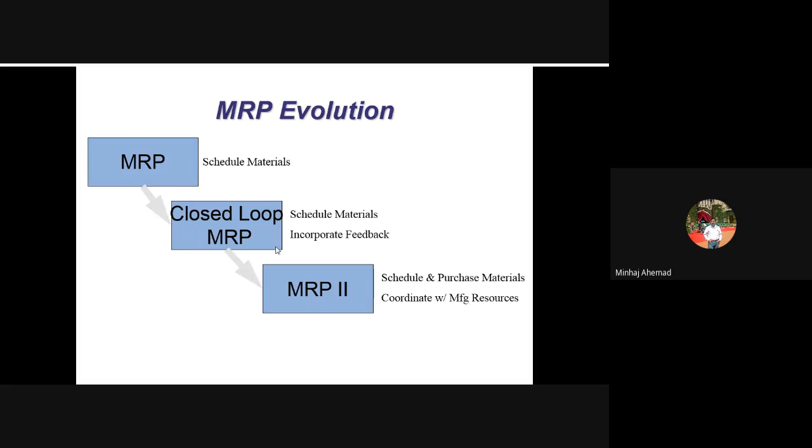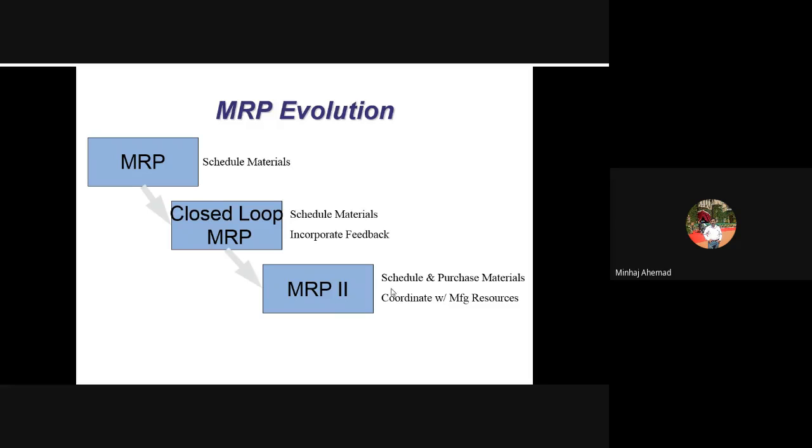The difference between closed loop MRP and MRP is that closed loop MRP has a feedback system which makes it a closed loop. Then there comes MRP2. This is not material requirement planning because it is known as manufacturing resource planning. So here RP stands for resource planning.